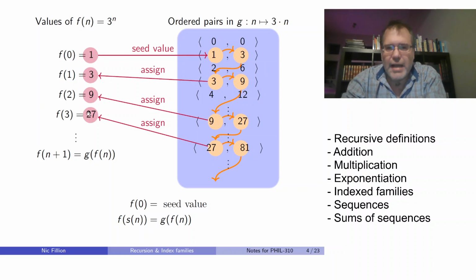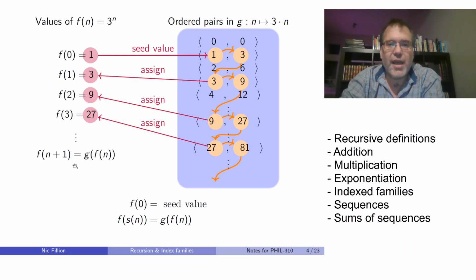So you see how after we assign that seed value to f of 0, all the other values that follow are obtained by successively applying the function g, so that we take the value, we apply the function g to it again, it gives us the next number, right? So that idea of having a seed value plus another function that gives us the other values of the function f is really this essential part of the recursion that we're trying to develop.